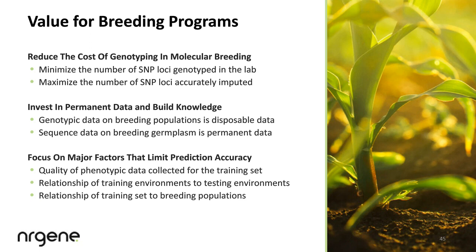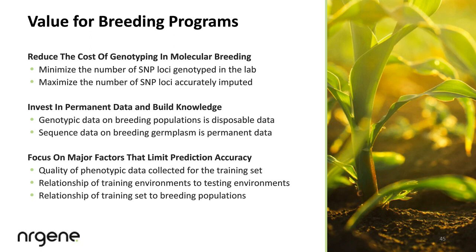Imputation accuracy or genotypic accuracy on breeding populations has a limited impact on prediction accuracy compared to some other factors. And it is well to, again, consider a resource allocation in this context. The prediction accuracy in genomic selection is much more influenced by things like the quality of the phenotypic data that's collected for the training sets, the relationship of the training environments to the testing environments, and the genetic relationship of the training set to the breeding populations.